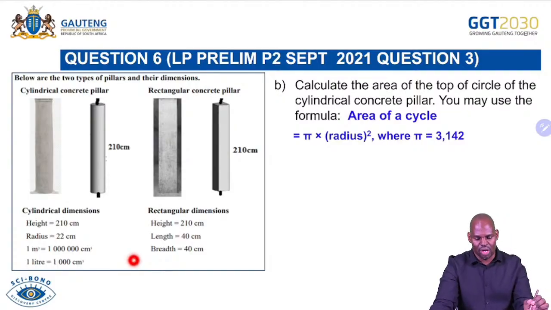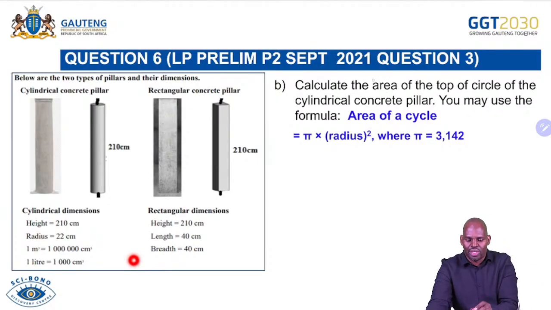Okay, still on the very same question, taken from the Limpopo province 2021, still question 3. Then they say calculate the area of the top circle of the cylindrical concrete pillar.